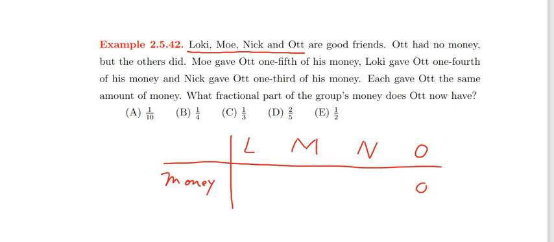We put a 0. So suppose we just put the money for L, M, N. So here's 0, this is O.